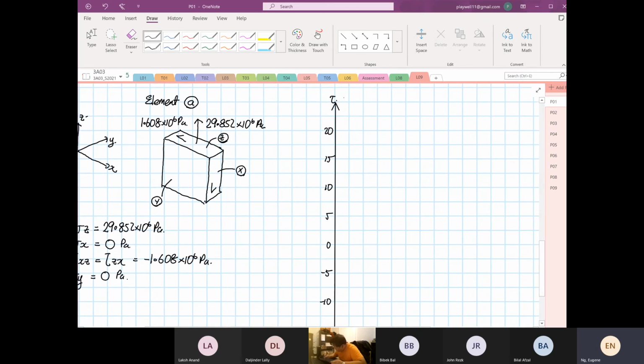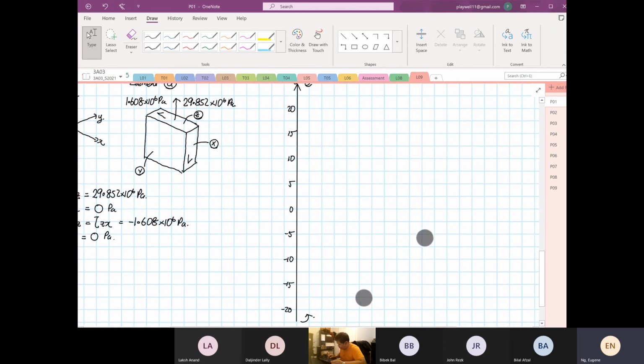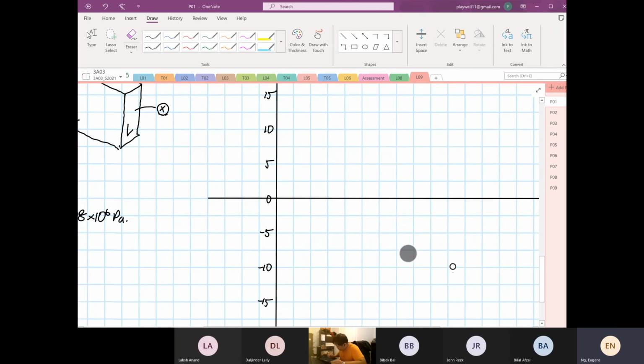Above is element rotation in a clockwise direction. Below is element rotation in an anti-clockwise direction. Don't worry about all this. I will go through this when I do Mohr circle. And then you have your normal stresses. So this is your normal stress.